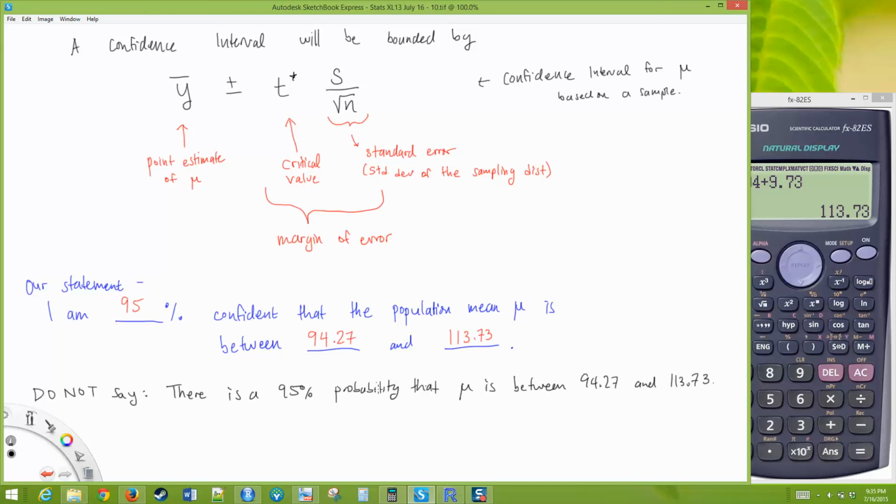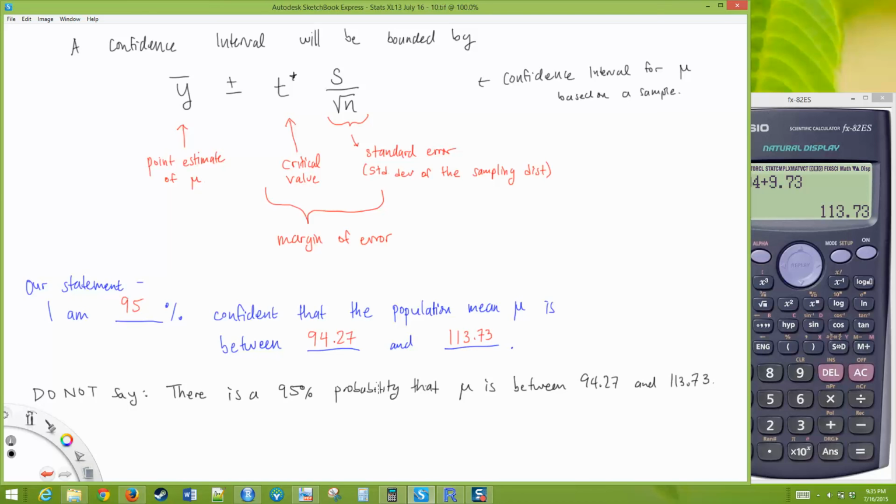In the same way, the population mean mu is either inside this interval or it's not. We treat the population mean mu as a fixed quantity. There's nothing random about it. It's a property of the population. There's no uncertainty; we just don't know what it is.